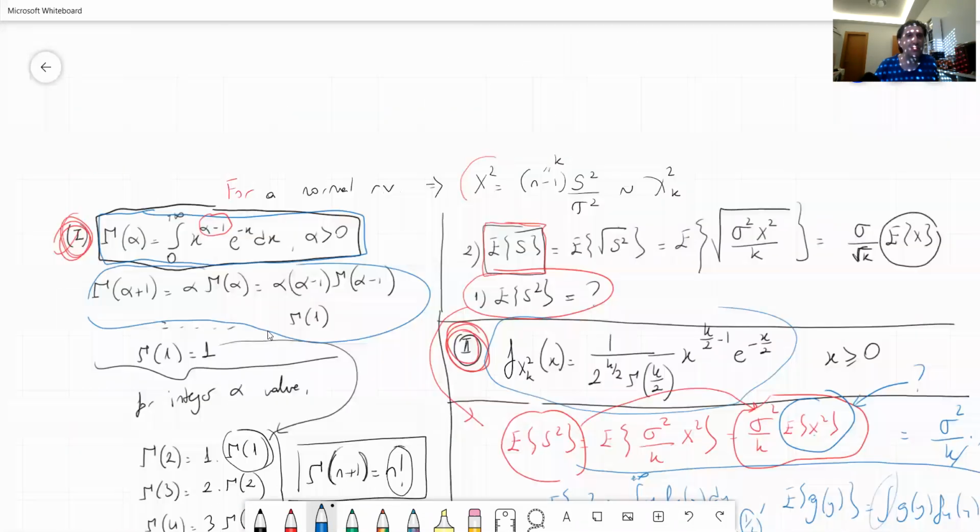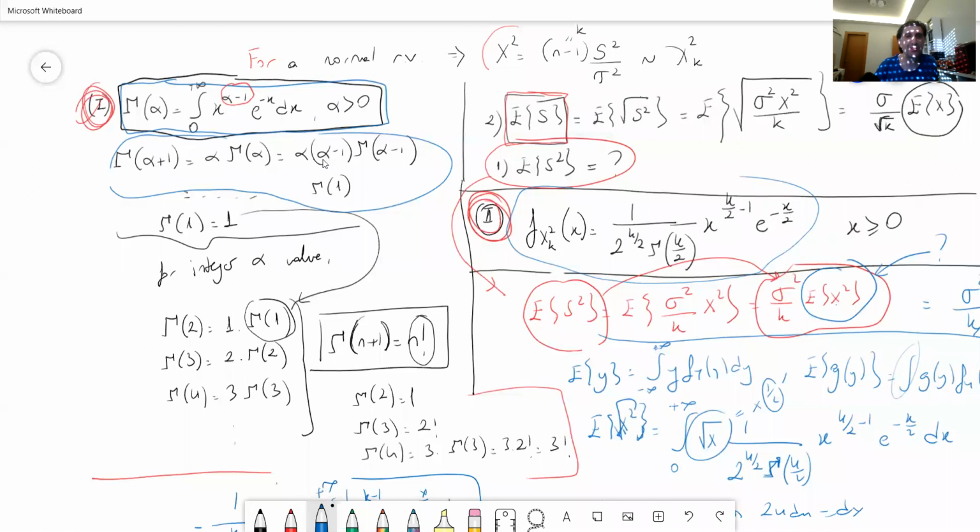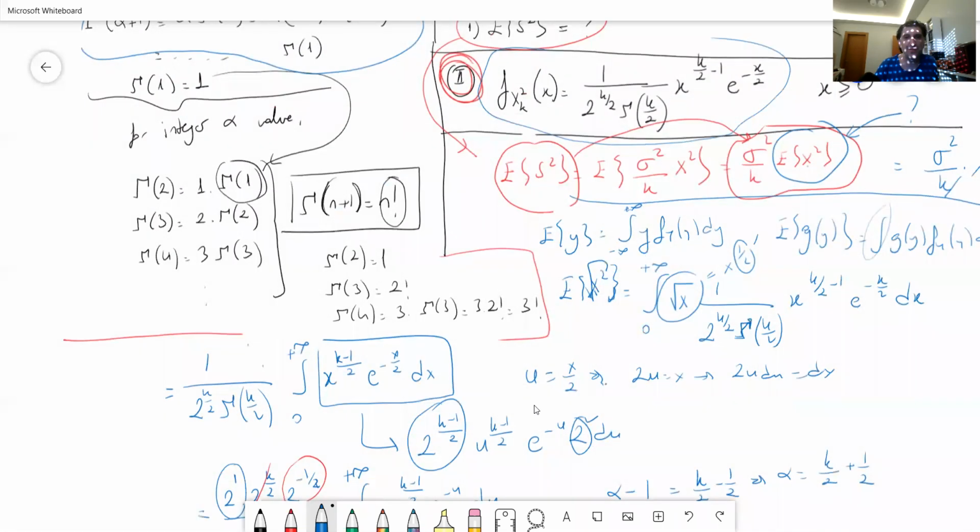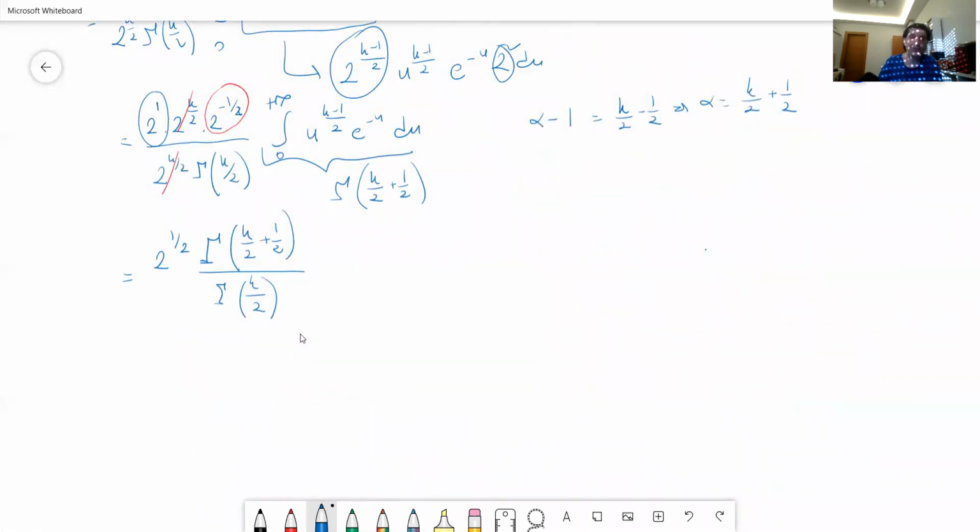Since we have 1 over 2 here, we are not going to be able to simplify this expression. So this is going to be equal to, and instead of this one, let's make it square root of 2 to make it easier to understand. This is going to be the square root of the x squared expectation value.